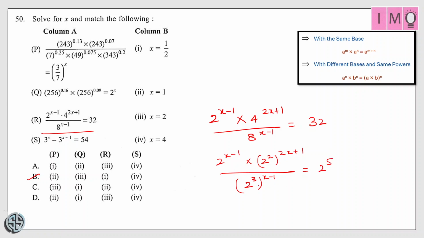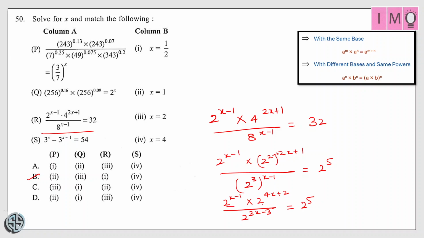Okay, now when you will solve, you will find 2 to the power x minus 1 multiplied by this will become, powers are there, so they will get multiplied. You can write 2 to the power 4x plus 2, because 2x plus 1 on multiplication by 2 you will get 4x plus 2, and in the denominator you will find 2 to the power 3x minus 3, it is equal to 2 to the power 5.